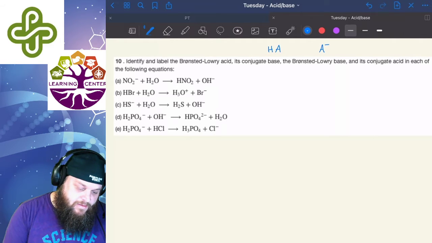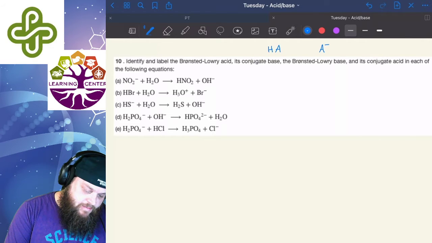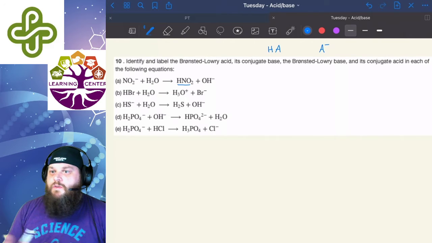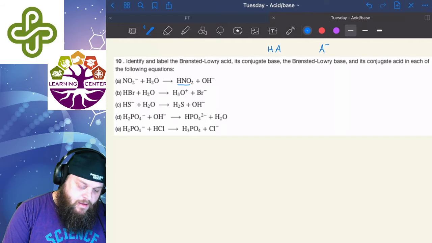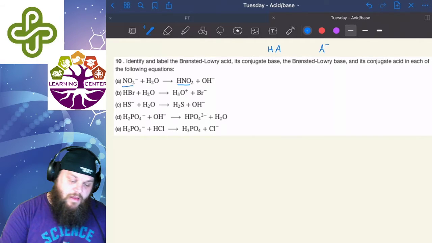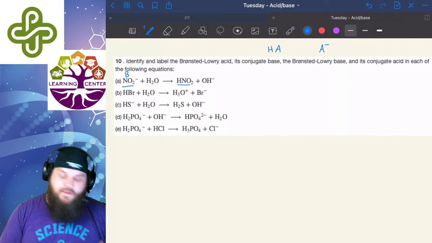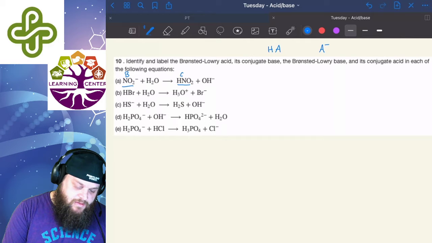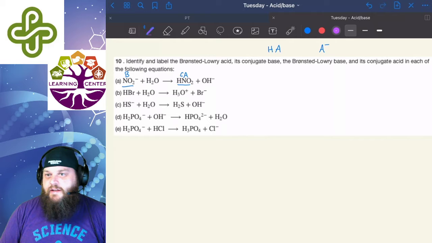Looking at the first one for part A, we have NO2 minus, and we compare that to our HNO2, which is a neutral molecule. So the base is going to be that NO2 minus, because it's missing that hydrogen, and it's gained that hydrogen, so it's a conjugate acid on the right hand side, the product side.